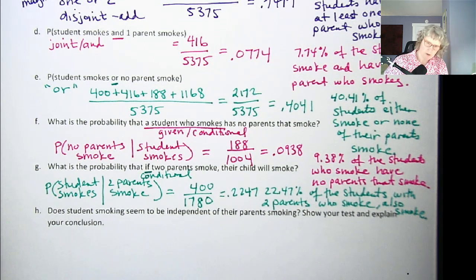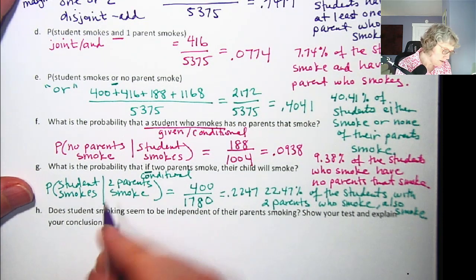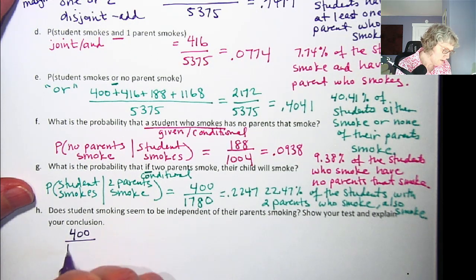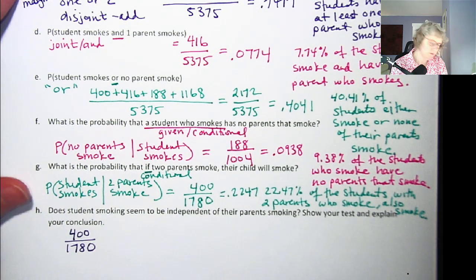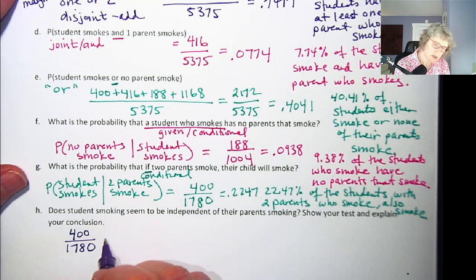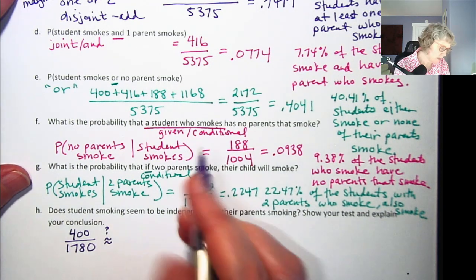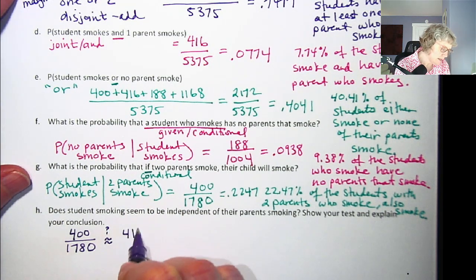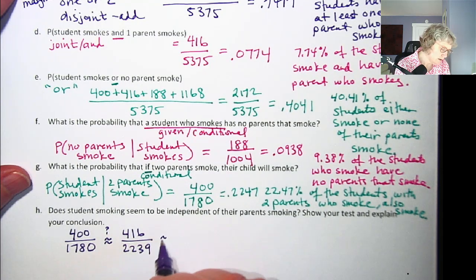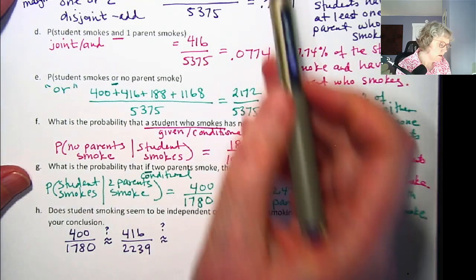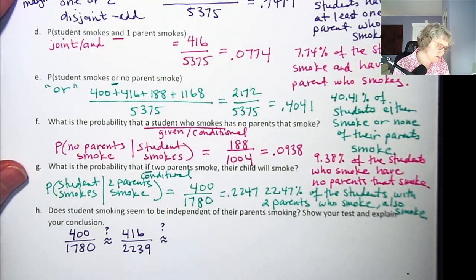Okay, so let me write it out and get a different color. I'm going to write it out as 400 out of 1,780. So that's the total of 2 parents smoking. And I'm going to ask, is this approximately equal to 416 out of 2239? That's student smoke given that 1 parent smokes.